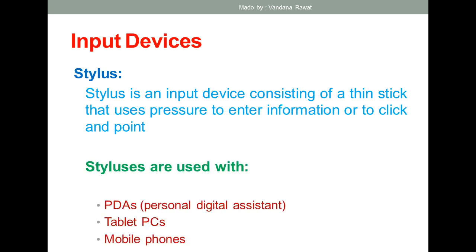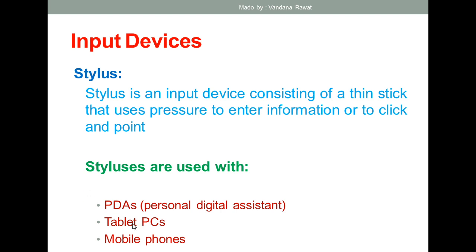This stylus is used with a personal digital assistant. A personal digital assistant is like the machine shopkeepers use; I think you have seen that PDA. On that PDA there is a stylus also, and it can be used, for example, for signature purposes.